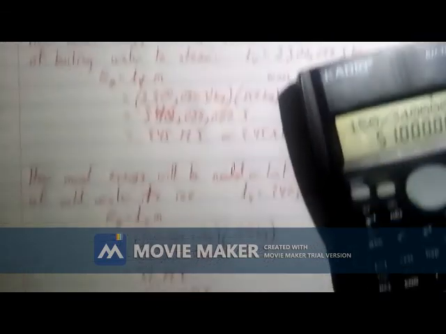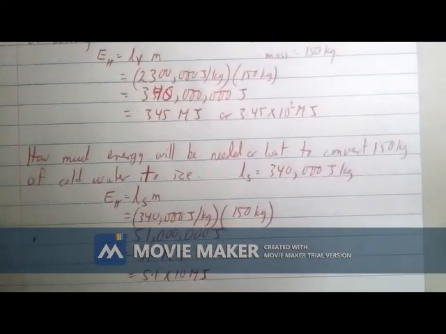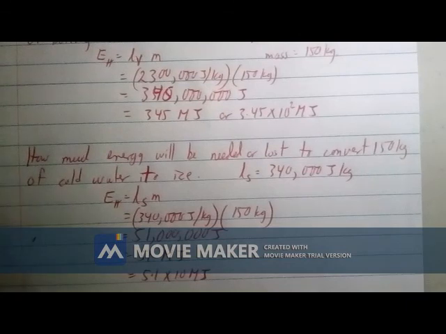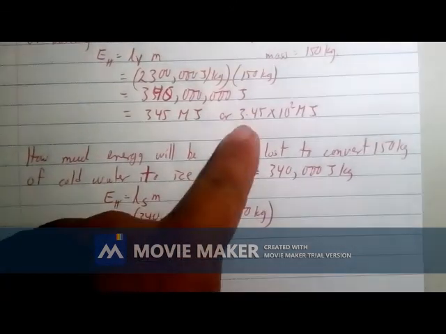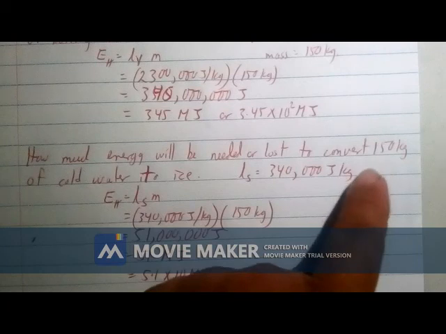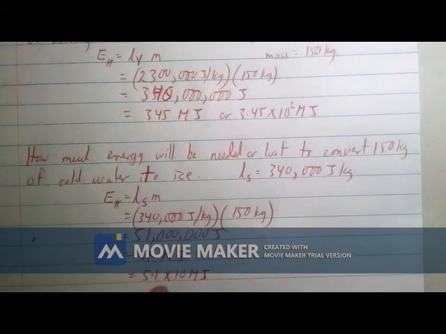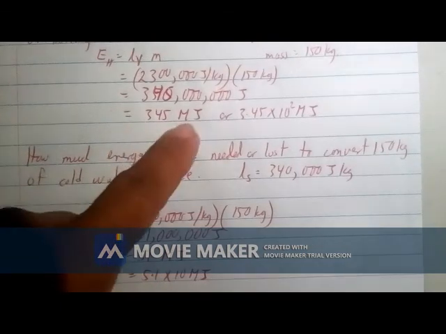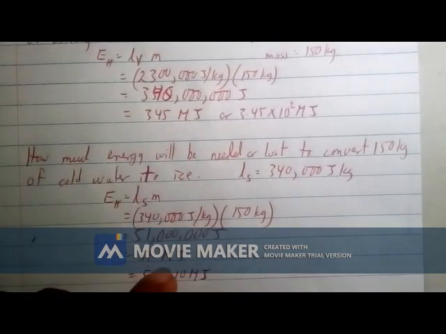Okay, so that is what we get. Now look at this. This is less energy than this. Here we get 345 megajoules, and here we get 51 megajoules.